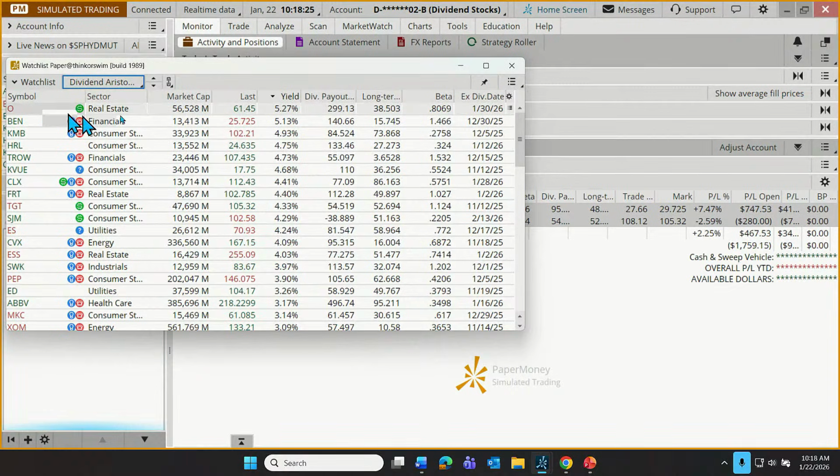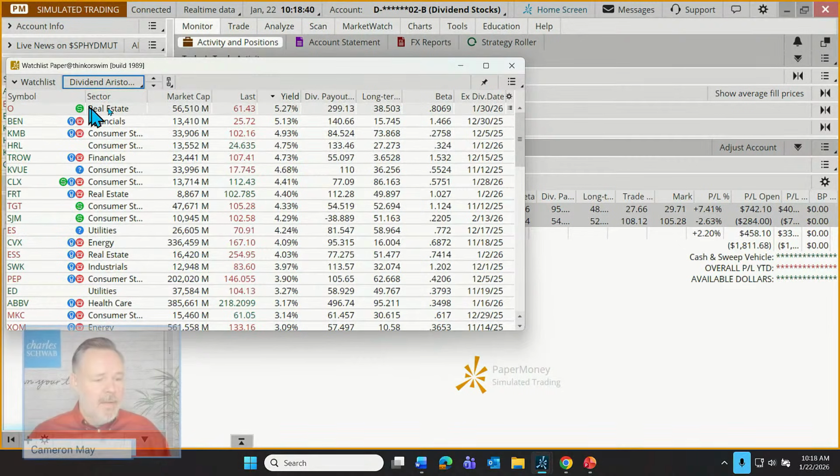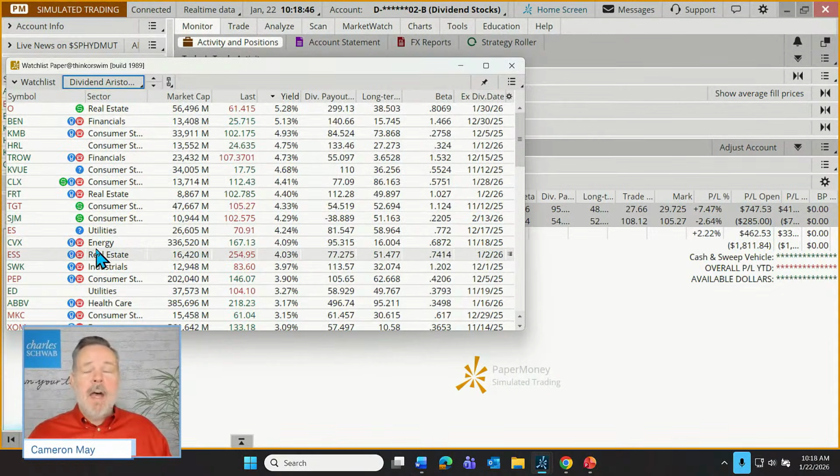But as we organize these by yield, what we'll notice is that in our dividend aristocrats, in our dividend working class, one sector that's going to almost always rise right up close to the top is real estate. Why is that? Why do we see so many real estate companies right up toward the top of these lists so frequently?